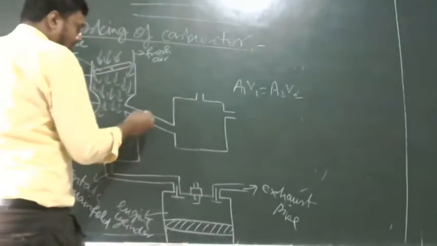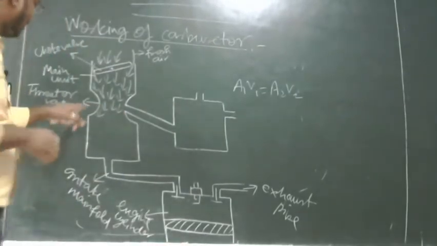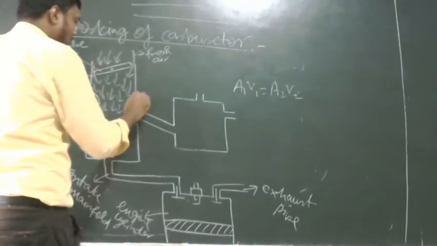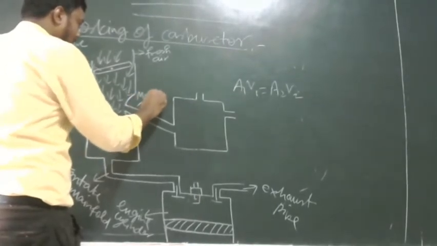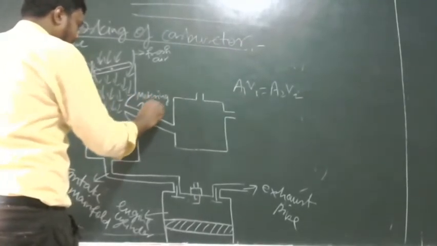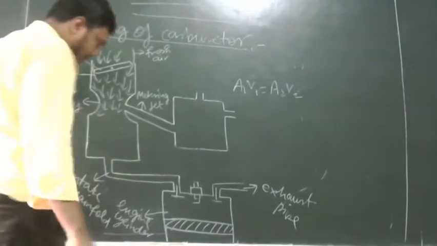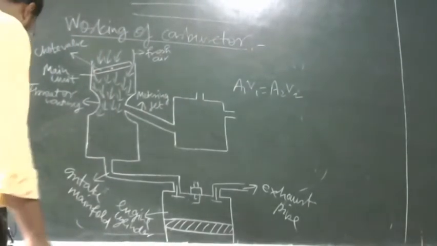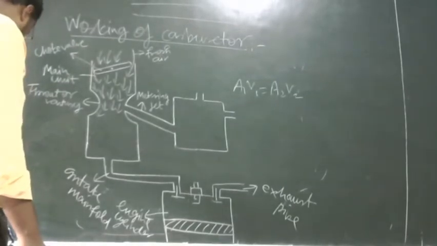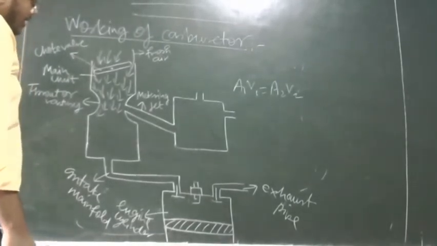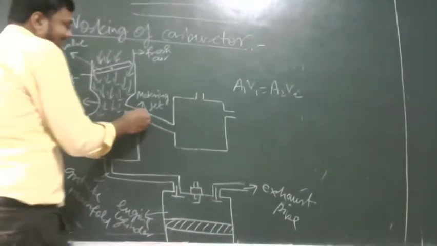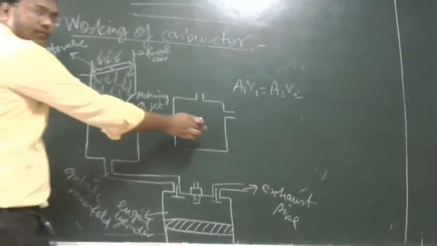And this pipe between the venturi and the float chamber is known as metering jet. This metering jet connects the venturi to the float chamber.